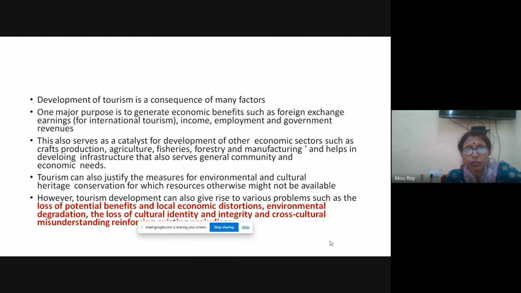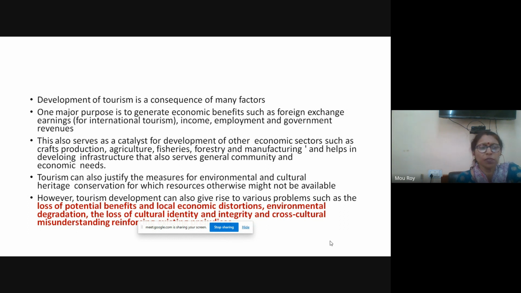Now, I was talking about ecotourism, and how slowly mass tourism comes into the picture. When you're talking about ecotourism, you'll find fewer people, people who are basically nature lovers. They visit the ecotourist destinations. But nowadays, you'll find those ecotourist destinations have also become like mass tourism.